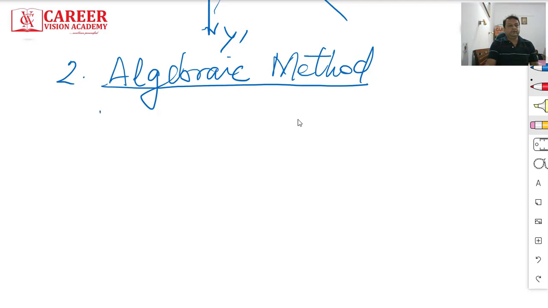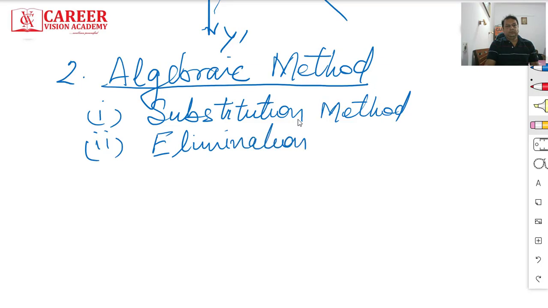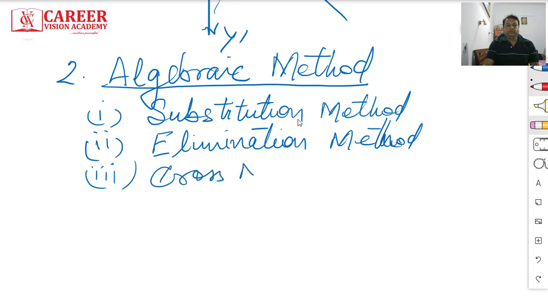In the algebraic method, we have first the substitution method, second the elimination method, and the third one is cross multiplication.